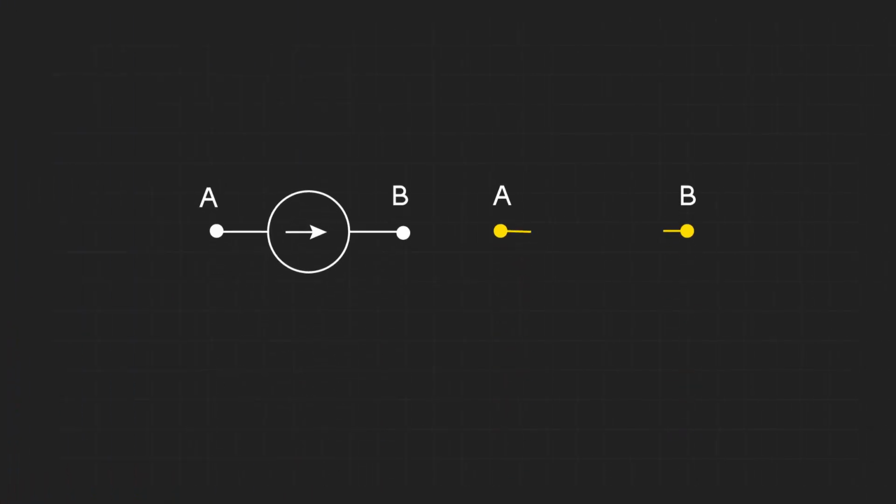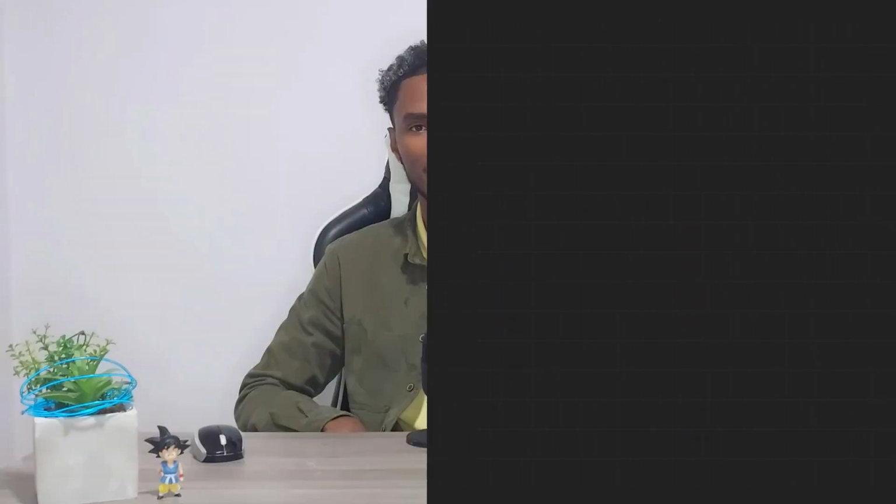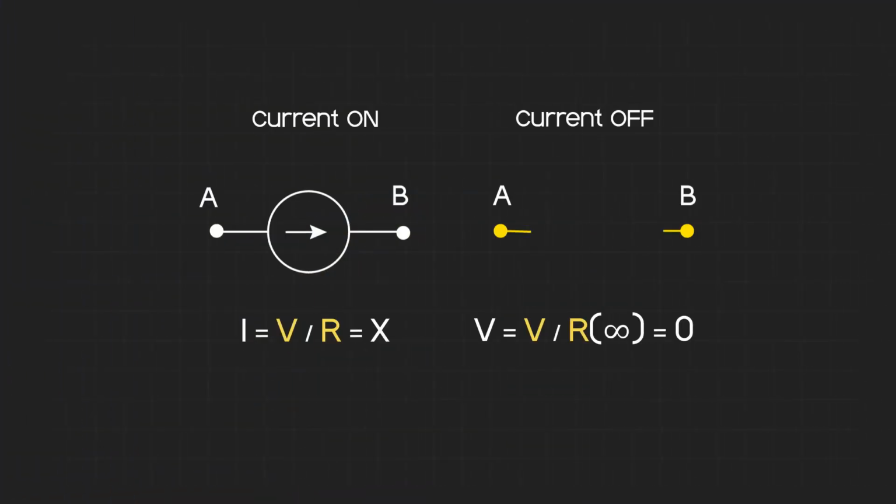On the other hand, to set a current source to zero, you need to create an open circuit. Theoretically, an open circuit means infinite resistance. So from Ohm's law again, current is voltage over a resistance that is so big that you will have no current flowing through it.